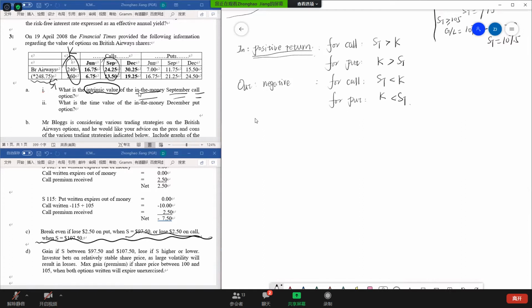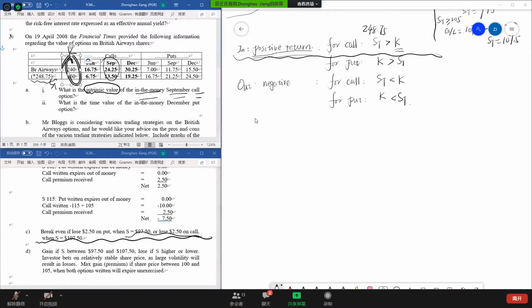So in this question, it's an in-the-money call option because the spot price is 248.75. So we have to find a smaller exercise price.